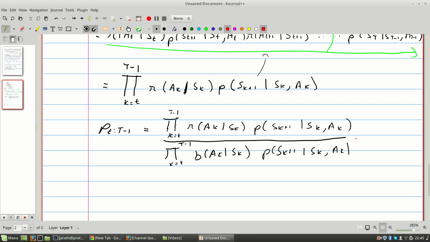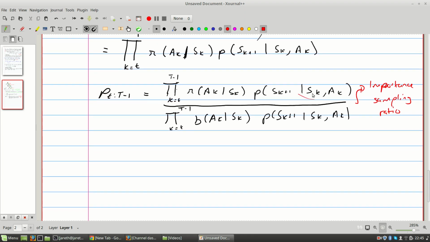We call this the importance sampling ratio. Basically, this tells us how likely this trajectory is under policy pi relative to policy b.